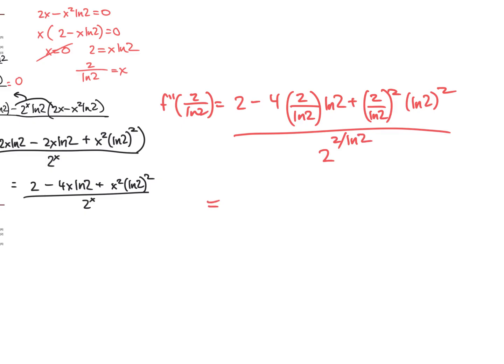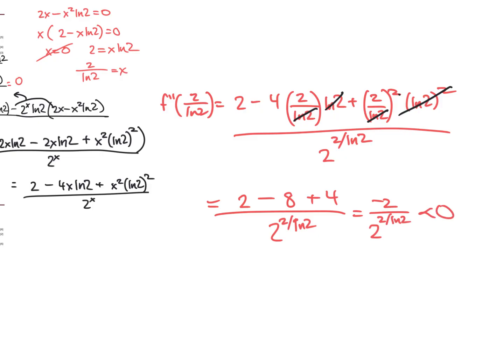Okay, so canceling some things, this and this, and this will cancel. So we're going to have 2 minus 8 plus 4 over 2 to the 2 over natural log 2. This is negative 2 over 2 to the 2 over natural log 2, which is less than 0. So it's concave down. It's a maximum at x equals 2 over natural log 2.